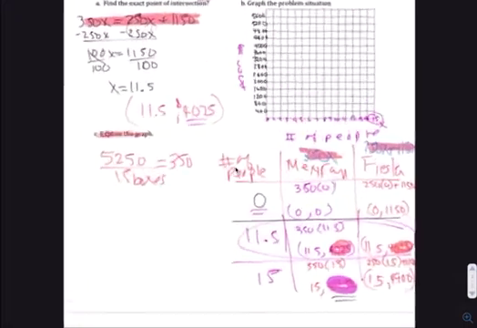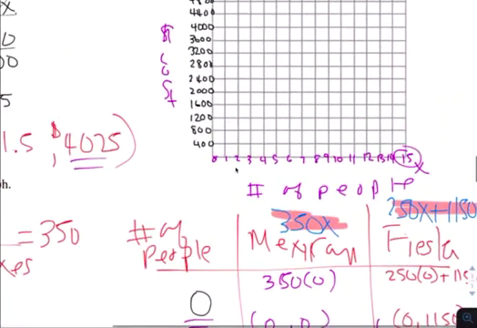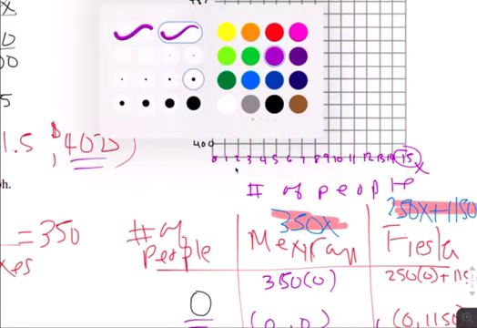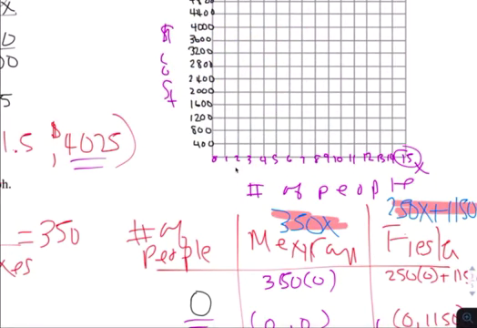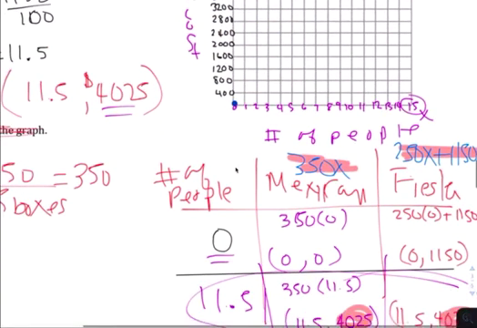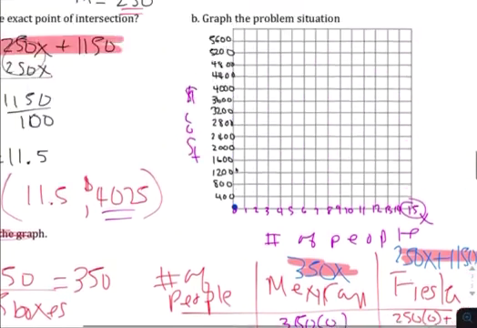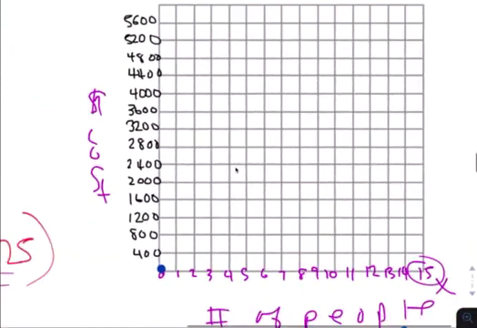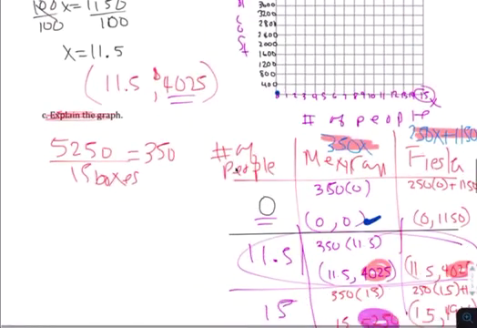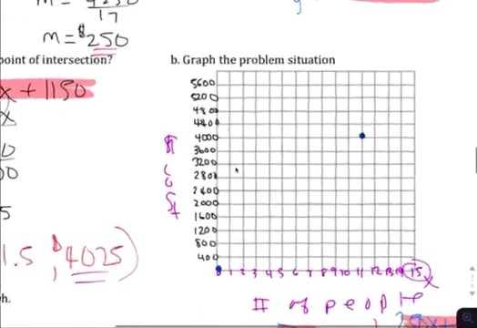So we graph it. So 0, 0. It's that one right there. And then 11.5, I'd say 4,000, like 4,025.